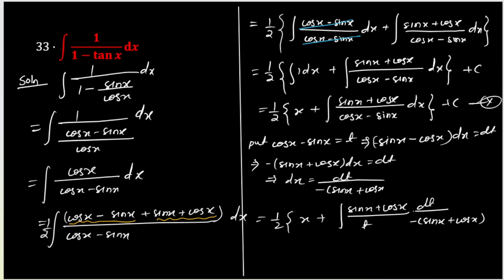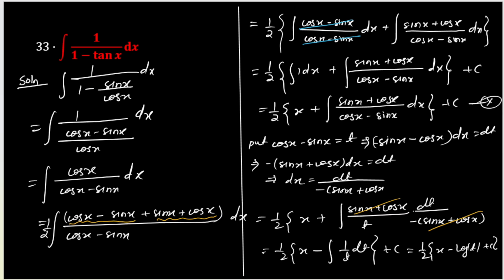So this is cancelled and the minus sign also. Minus and plus gives minus, so only the integration remains: 1 by 2 into x minus log t plus c.